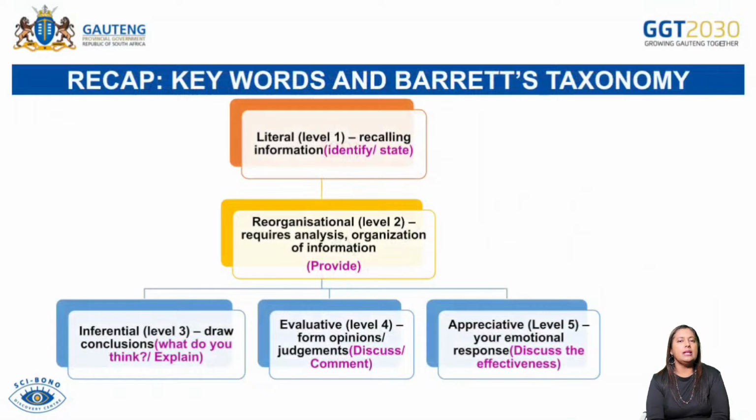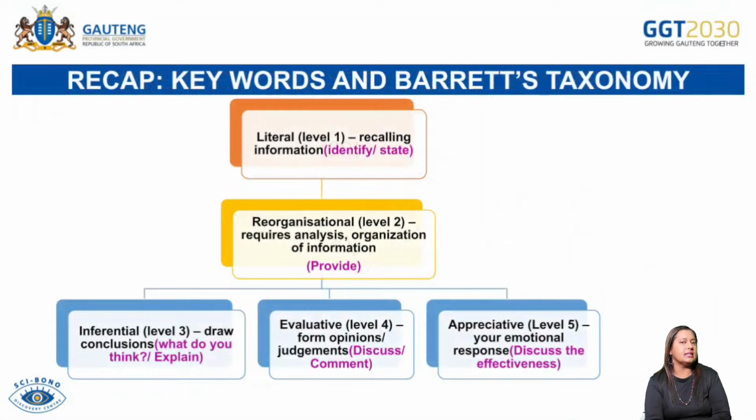With level 1 questioning, we're looking at whether you can recall information from a text. No extra thinking needed. We use terms like identify this aspect in line 5, for example, or state the use of something.